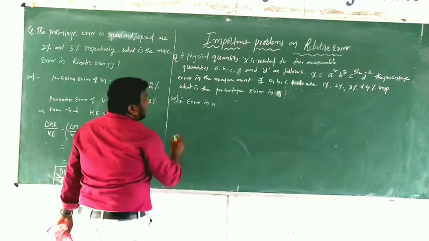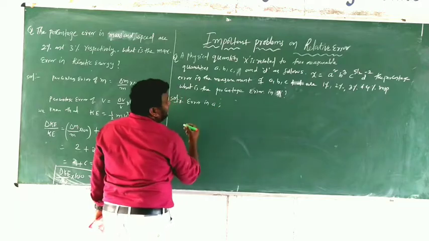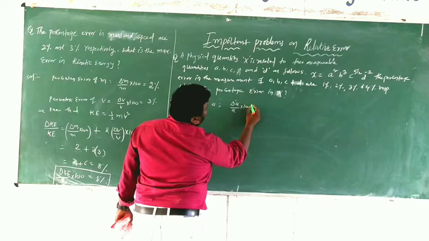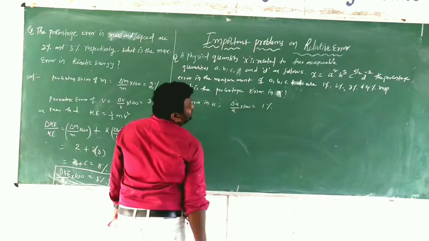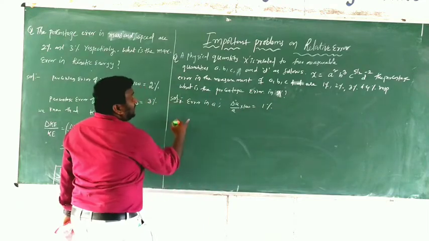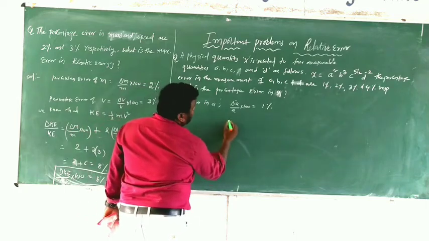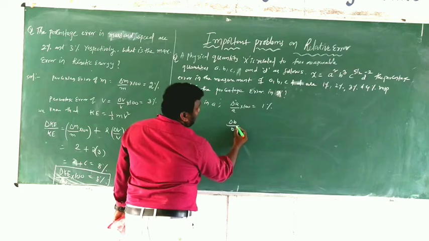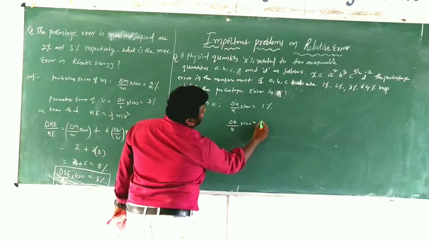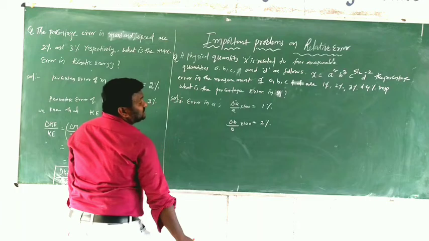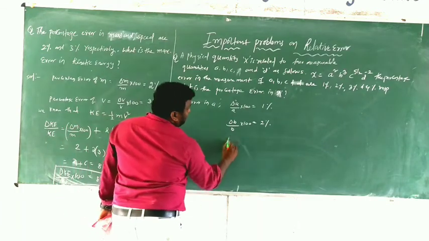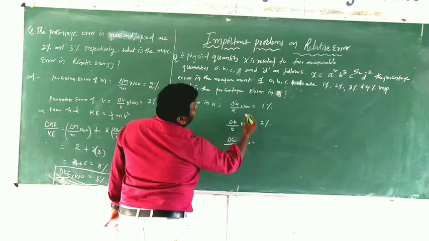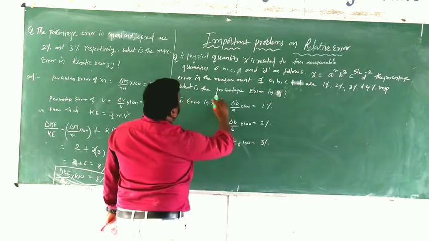So the error in A, how can we write? Delta A by A into 100 is how much? 1%. Clear? Simply. And now the error in B, what is the given value? 2%. Delta B by B into 100 is 2%. And now the third one, delta C by C into 100, what is given? 3%.